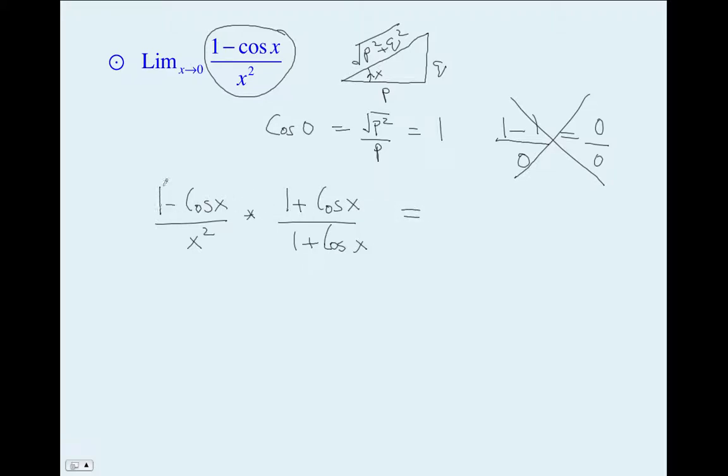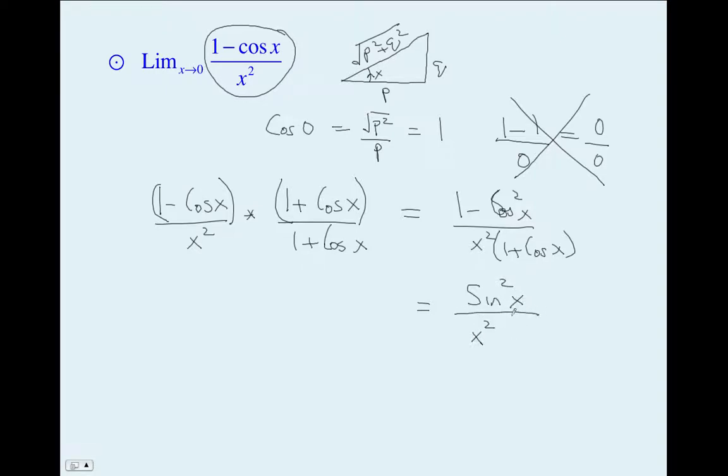And now I use the formula that we've used so often, (a minus b) into (a plus b), and I get 1 minus cos squared x divided by x squared. And now here I have 1 plus cosine of x. However, if you remember, cos squared x plus sine squared x is 1, and 1 minus cos squared x is just sine squared x.